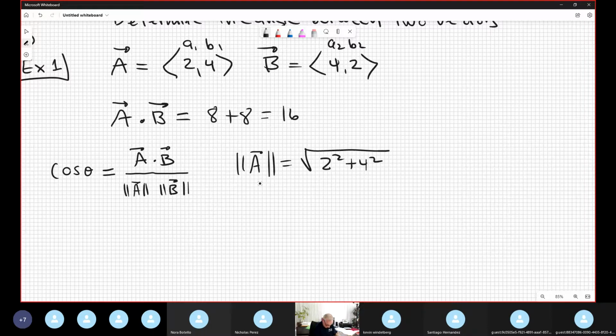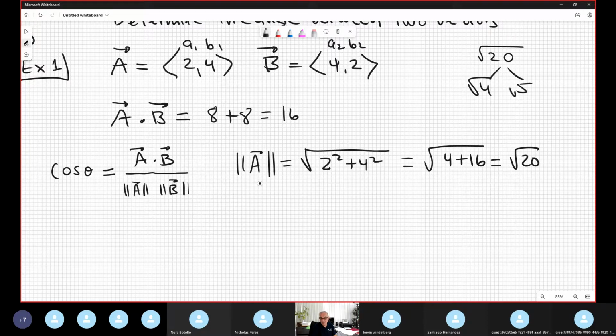So basically square root of 4 plus 16 is 20. It's radical 20. You can simplify it if you want, because 20 is 4 times 5, and square root of 4 is 2, so it's 2 radical 5. But it doesn't matter.